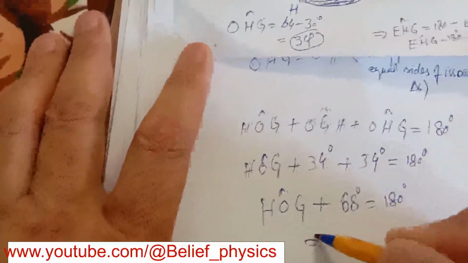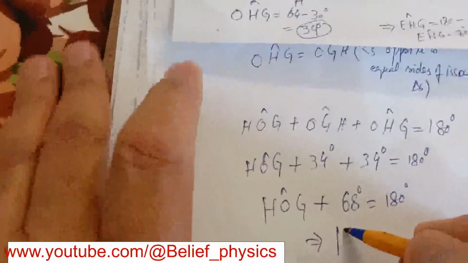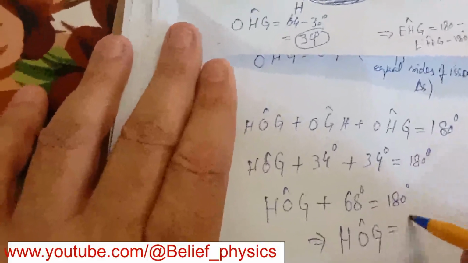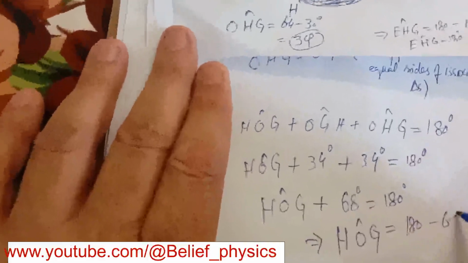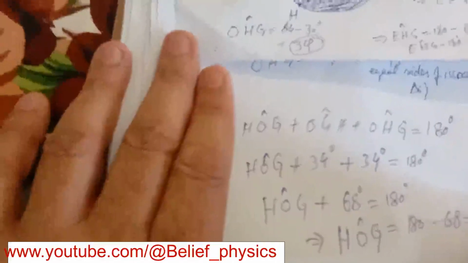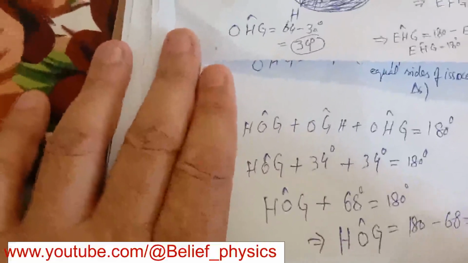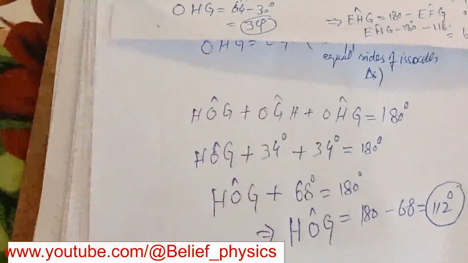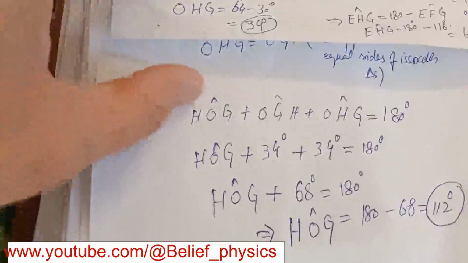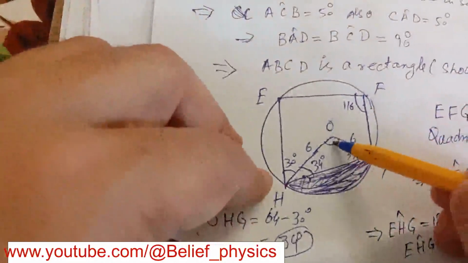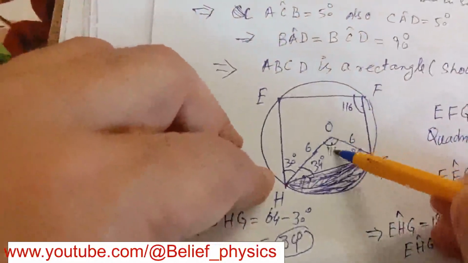This implies that HOG should be equal to 180 minus 68, which is 112. So HOG is 112. This angle is 112.